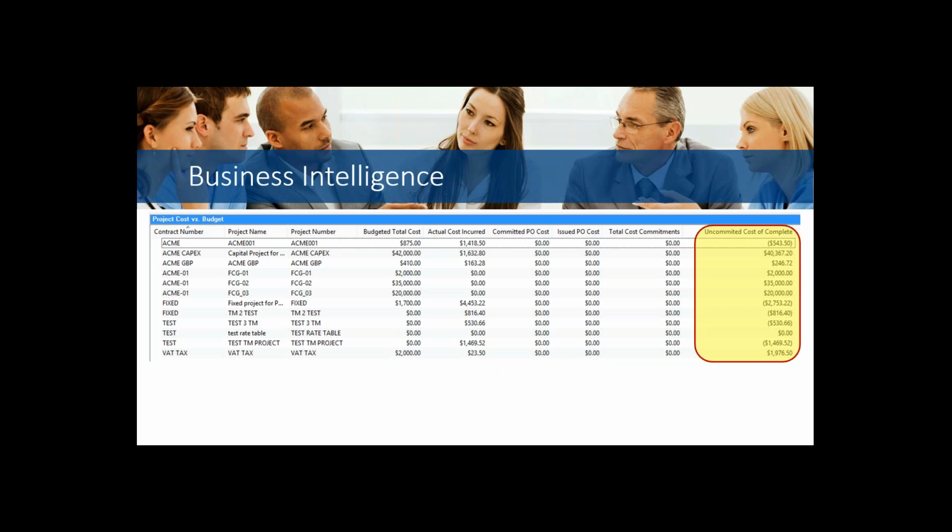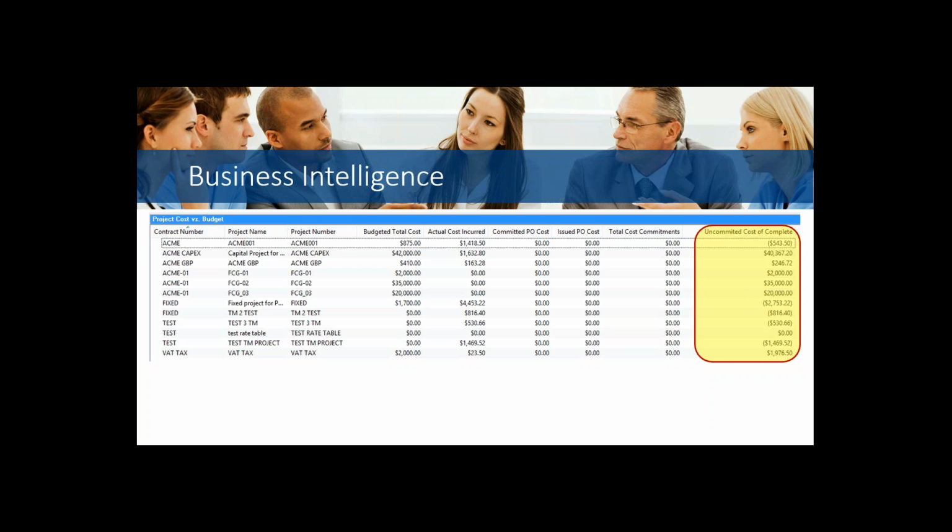And then finally, I have uncommitted cost at completion. And this is my variance column. It takes my budgeted cost minus my actual cost minus my total commitments, and it gives me here's where I think I'm going to be based on what I know right now on my project.